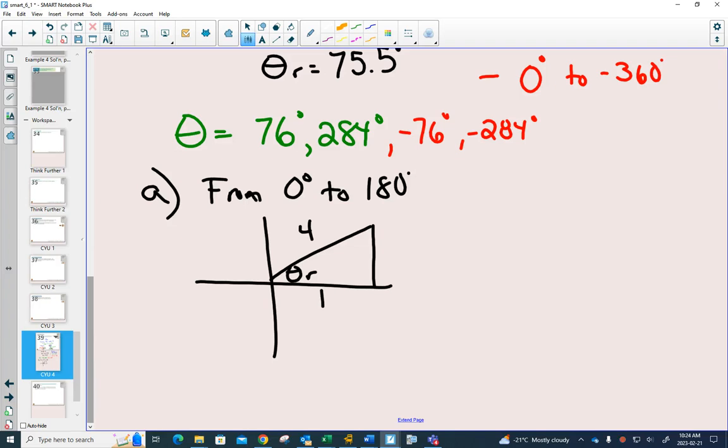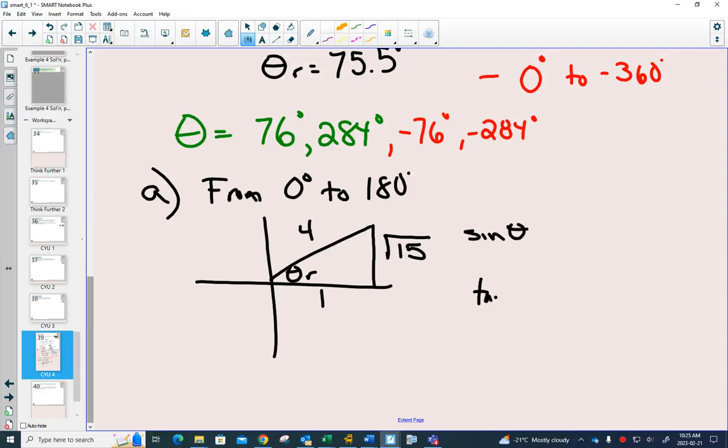Again, to find the other ones, we're going to need the opposite side. And you're going to get really good at a squared plus b squared equals c squared. In this case, c squared is 16, minus 1 squared would be 15. This side will be the square root of 15.